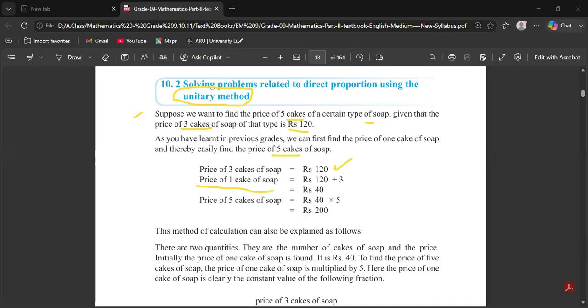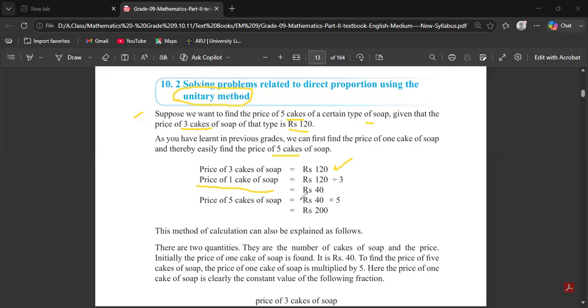Always find the value of one item, then multiply it by the required amount. Through this method, you can find answers for any kind of question regarding direct proportion.